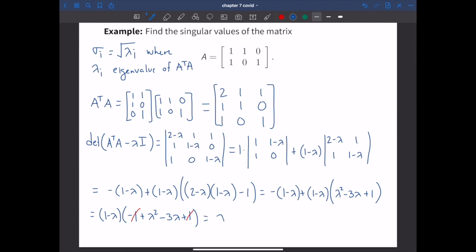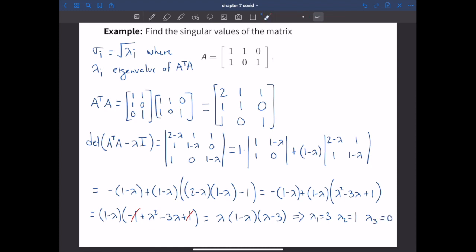So this is lambda, 1 minus lambda, and we're left with lambda minus 3. Therefore we've factored our characteristic polynomial. Remember, from now on we're going to list our eigenvalues in descending order. So lambda 1 is the biggest, that's 3. Lambda 2 is the next biggest, that's 1. And lambda 3 is the smallest, and that's 0.